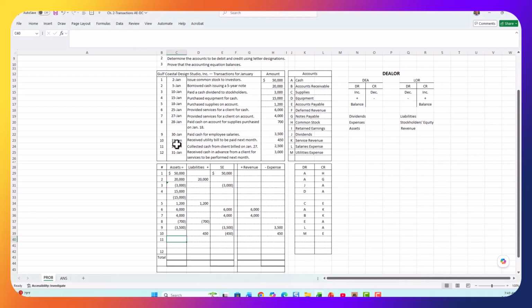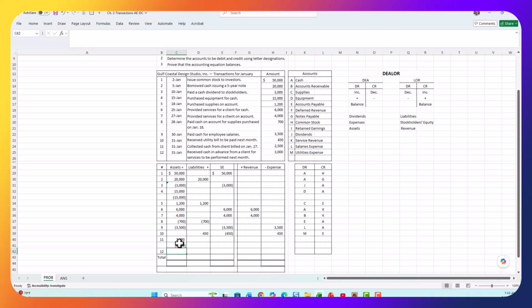Also on January 31st, we collected $2,500 cash from the client billed on January 27th. Cash increases because we're receiving it, so our assets increase. Accounts receivable decreases because our customer is paying us off.